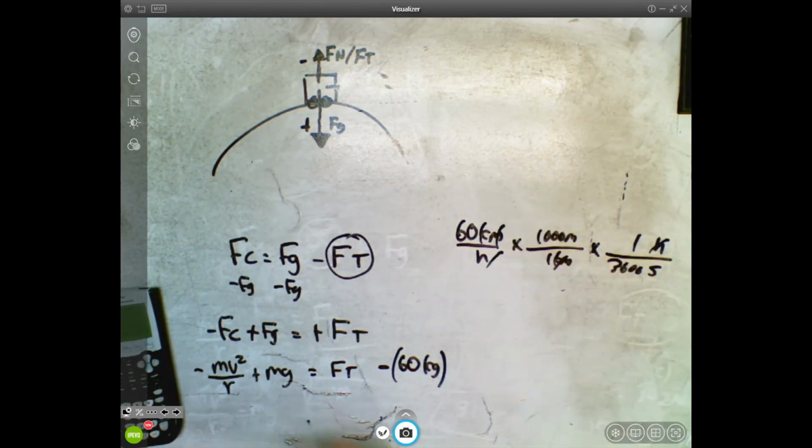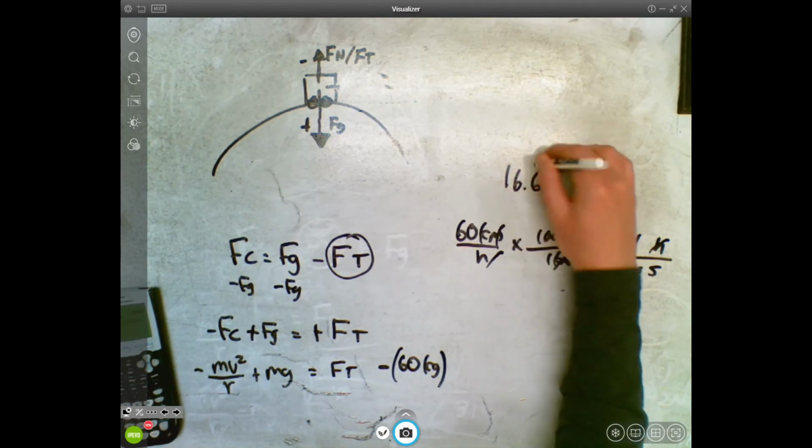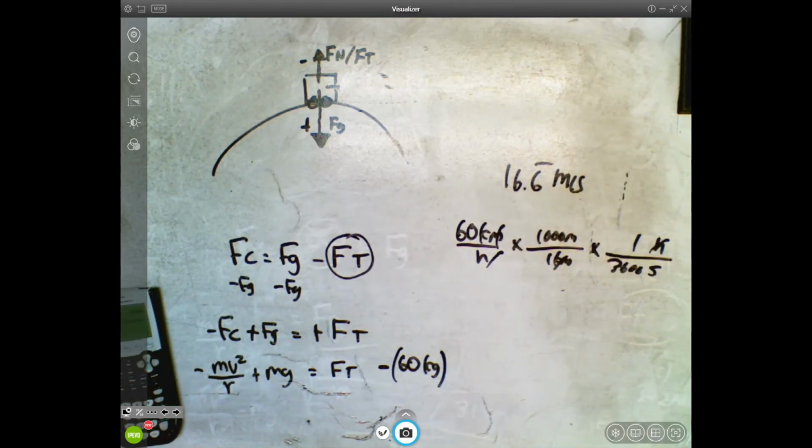So hours cancel out. So 60 times 1,000 divided by 3,600. So we get 16.6 repeated as our speed in meters per second, what we need.